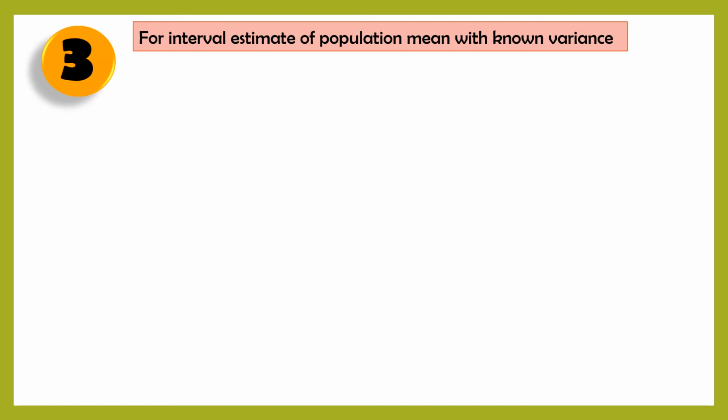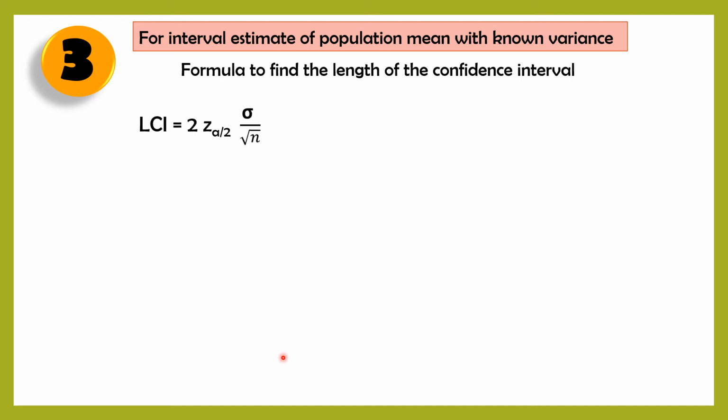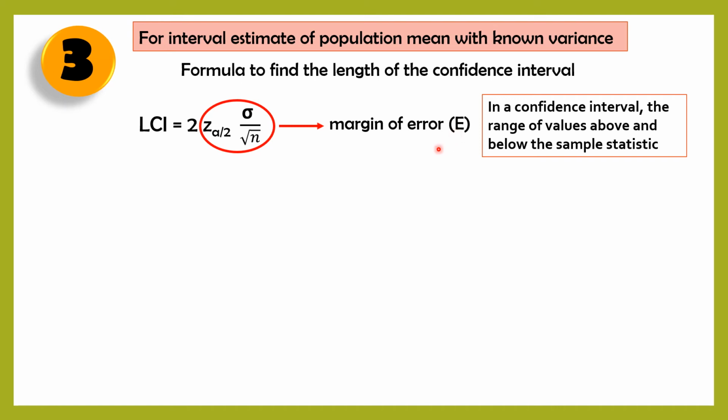Next is formula for the interval estimate of the population mean with known variance. So, this is the formula. So, yung C sub alpha over 2 times the standard deviation or the population standard deviation all over the square root of n, that is the margin of error. So, pwede natin sabihin na E. Okay? Wherein the margin of error is the confidence interval, the range of the values above and below the sample statistic.